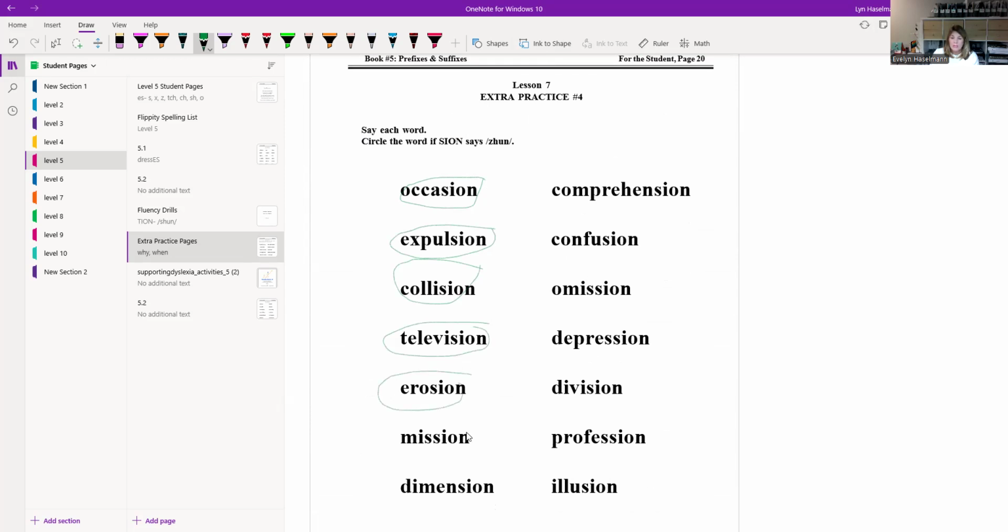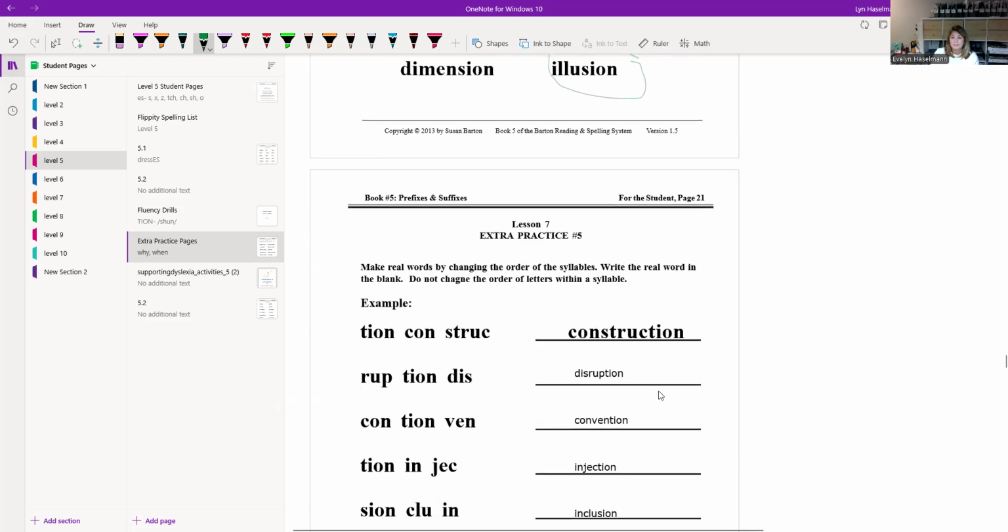Erosion. Mission. That's not a zhun, that's a shun. Dimension. Comprehension. Confusion. Omission. Depression. Division. Profession. Illusion. So those are the answers for that one.